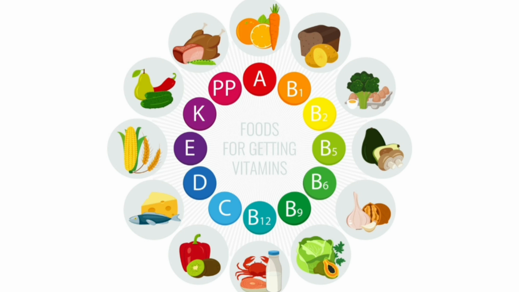For vitamin C, lemon and capsicums are given. For vitamin D, fish, cheese, etc. Vitamin E is given mainly in maize.